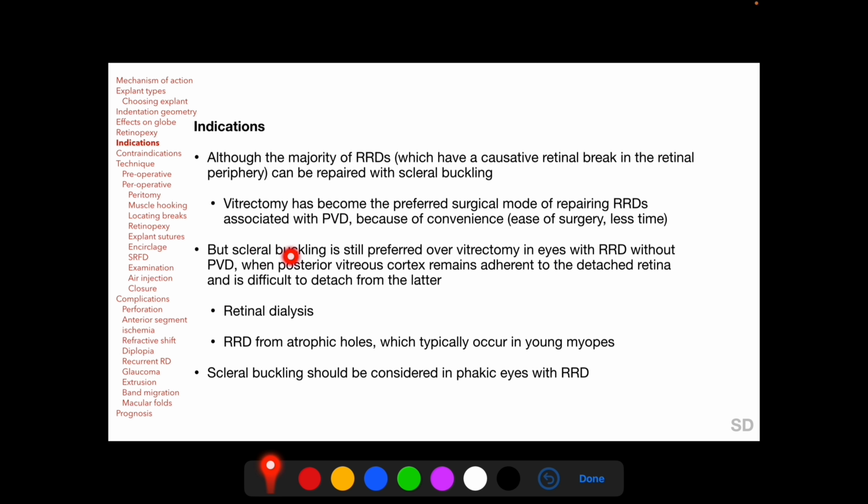But scleral buckling is still preferred over vitrectomy in eyes with rhegmatogenous retinal detachment without posterior vitreous detachment, where posterior vitreous cortex remains adherent to the detached retina and is difficult to detach from the latter with vitrectomy, and these include eyes with retinal dialysis and eyes with rhegmatogenous retinal detachment from atrophic retinal holes, which typically occur in young myopes, and this is very important to remember.